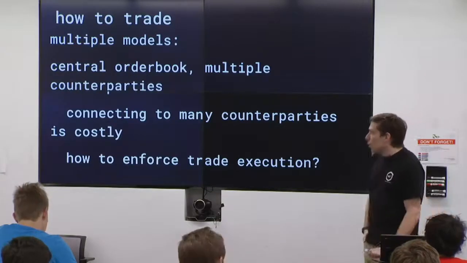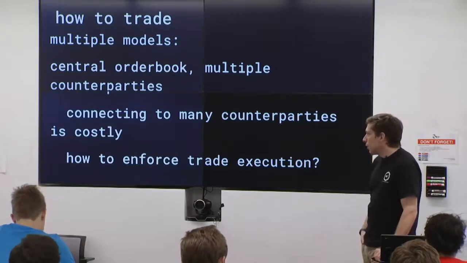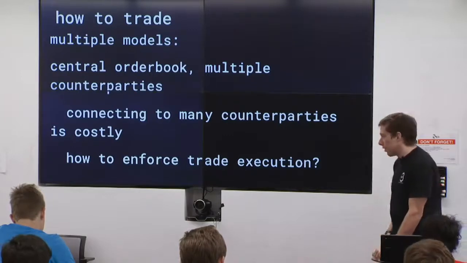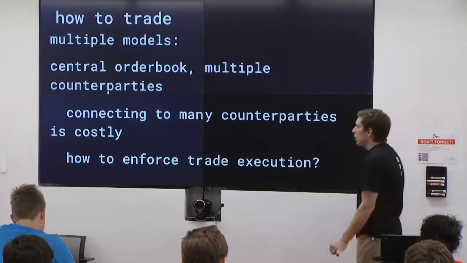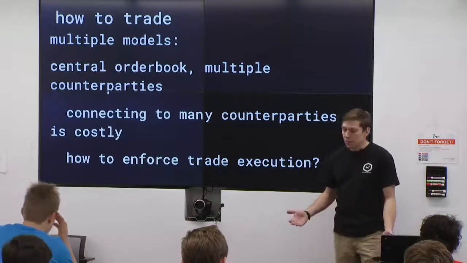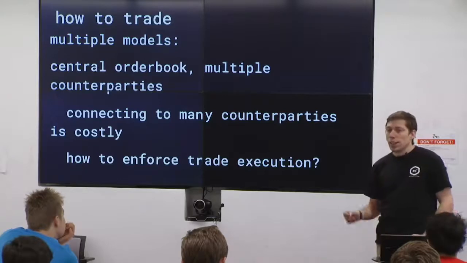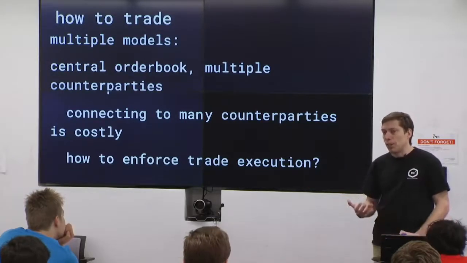This is cooler, but there are questions in that, like, if you're connecting to many counterparties, it's costly, right? You have to open a new channel, and that is on-chain. Also, how do you enforce trade execution, right? If it's a trade on a current exchange, and you say, okay, I want to buy Bitcoins, and you click, okay, it just happened, right? They aren't even your Bitcoins. You don't really have control of them.